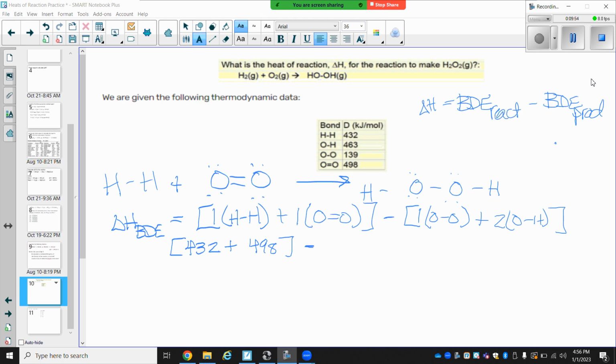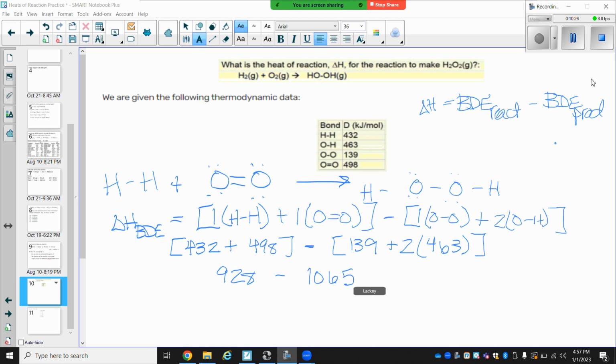Looking at our products, we have an oxygen single bonded oxygen, which is 139, and 2 oxygen hydrogens, which is single bonded, which is the 463. So the sum of our reactants is 928. The sum of our products is going to be 1065.